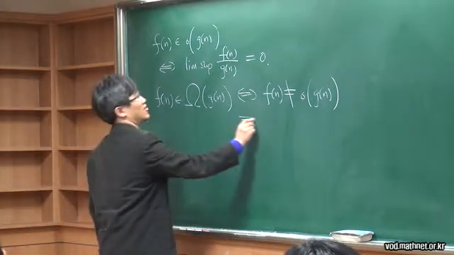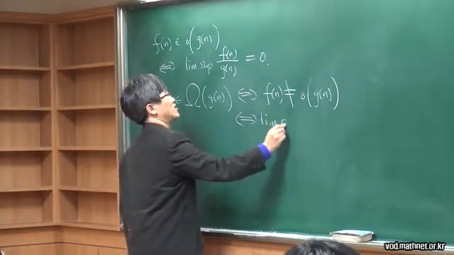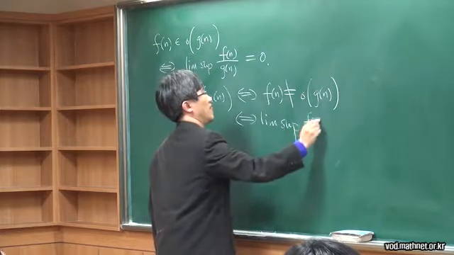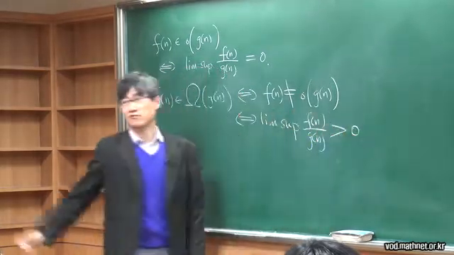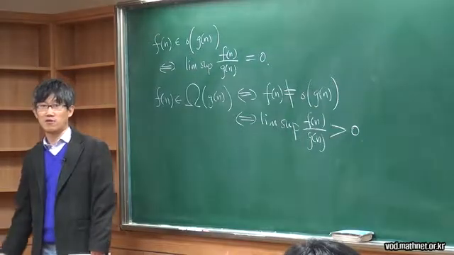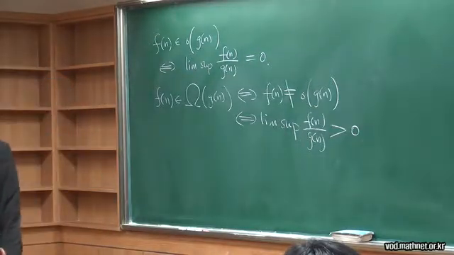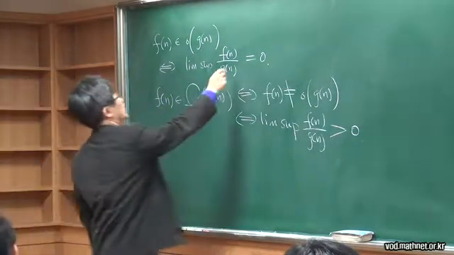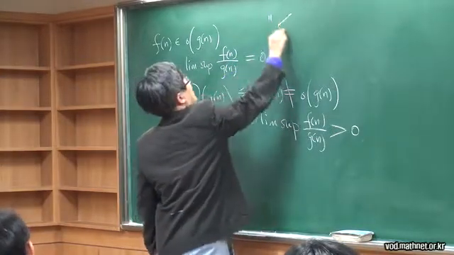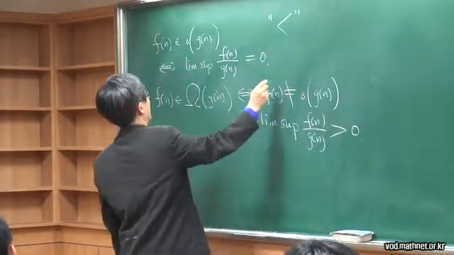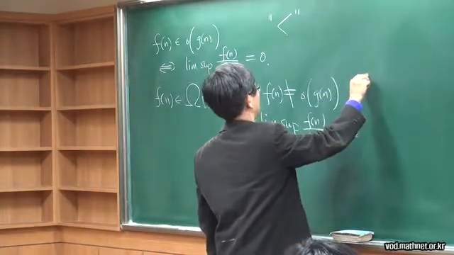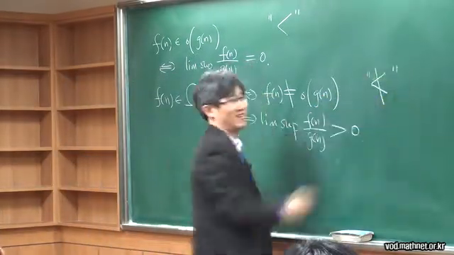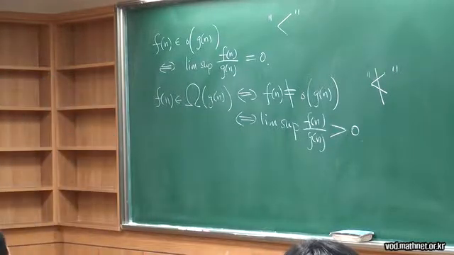By definition, this means that the lim sup of f over g is strictly positive. So this is the notion of this, and this is the notion of this.